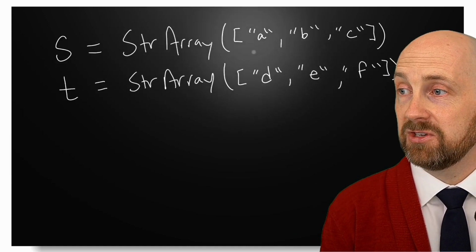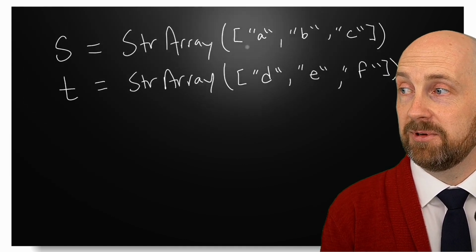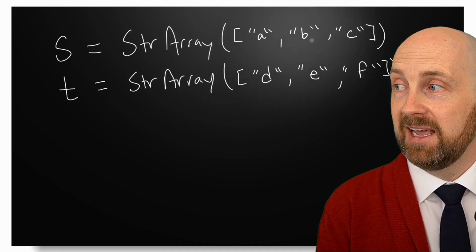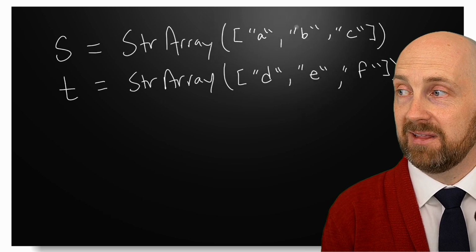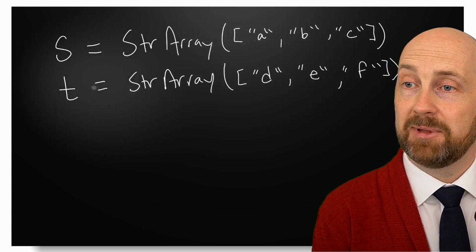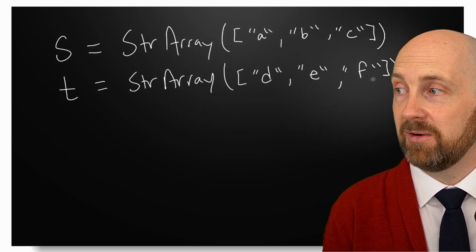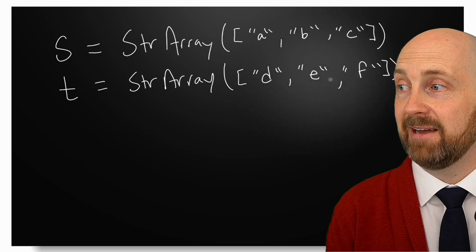Imagine our first string array, S, is the variable assigned a new StrArray object, which keeps track of a list of its values, the list of strings A, B, C. Similarly with T, we've got a string array with the values D, E, F stored in its values.